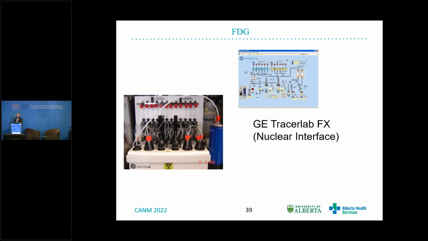Now a bit of a history of the synthesis units. This is the first that was used in Edmonton in the early 2000s, the GE TracerLab FX, which is a fixed tubing synthesis unit. It works great. You can do a lot of different chemistries with it, but for routine clinical production, it has to be washed and rinsed in a good manner so that you're sure that there's nothing remaining in the tubing from batch to batch.